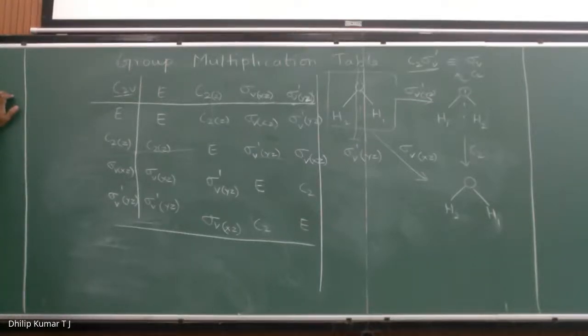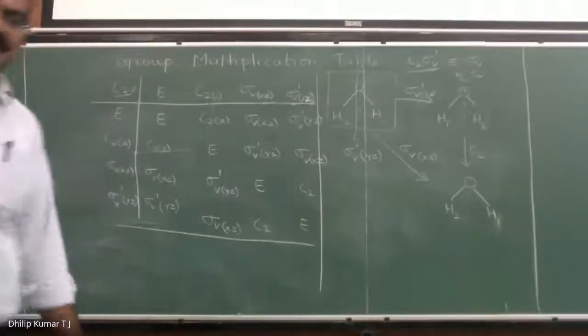Excuse me, sir. Yes, please. Sir, there is a confusion between sigma YZ and C2. So we can use the concept of phase here, sir. In C2, the front side of one molecule gets replaced by the back side of the other. But in sigma YZ, the front phase remains the same.